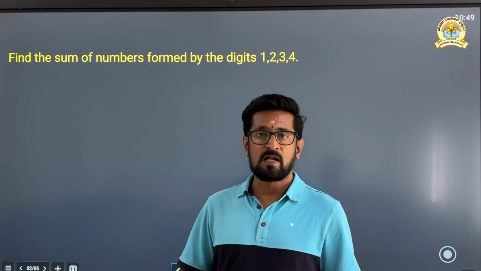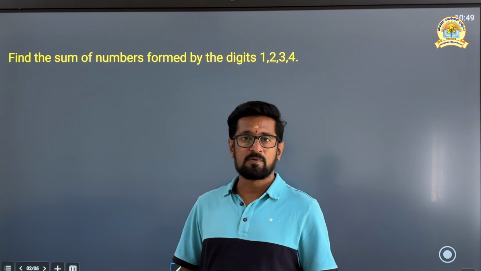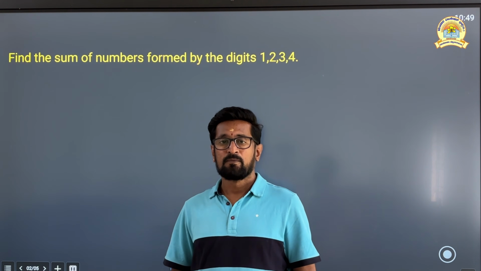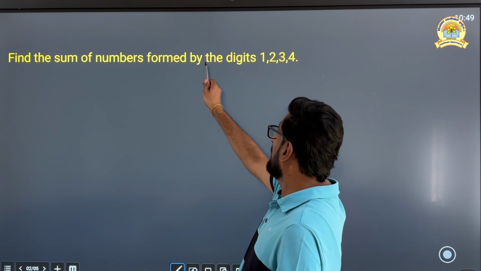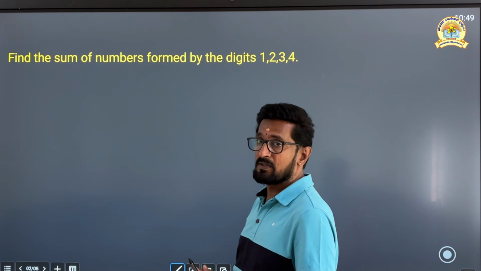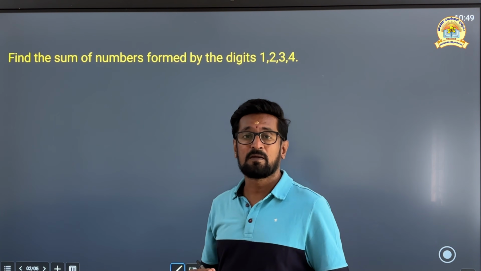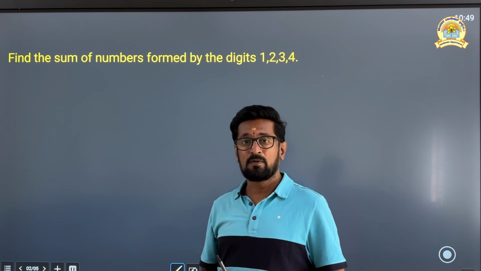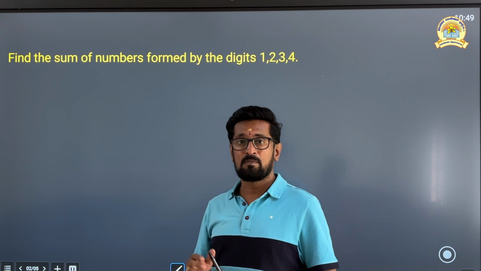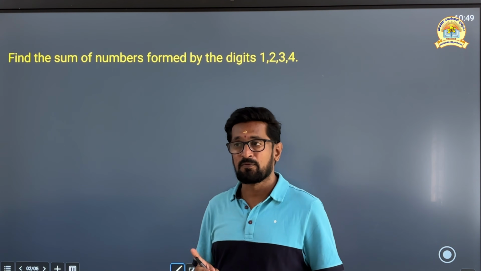Let us discuss another question in the permutations chapter. Find the sum of numbers formed by the digits 1, 2, 3, 4. What is the meaning of the given question? Find the sum of all numbers formed by 1, 2, 3, 4.